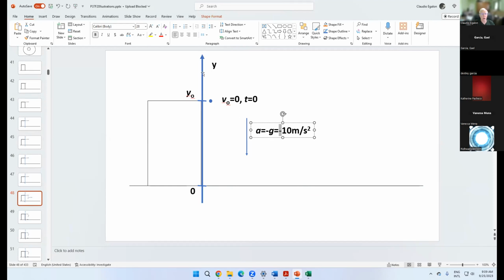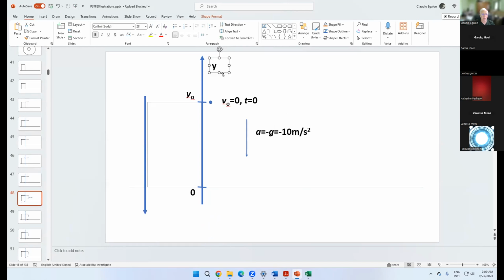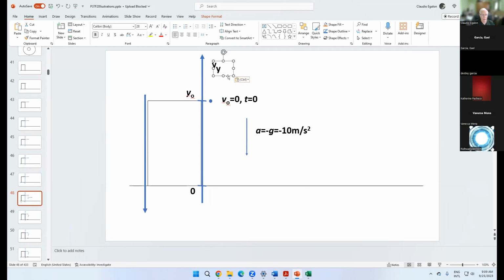If I had chosen the y-axis to be downwards, which is possible because we can choose axes in any direction we want, in this case it would be y prime.